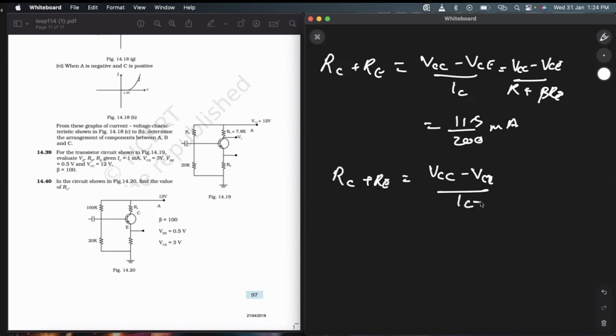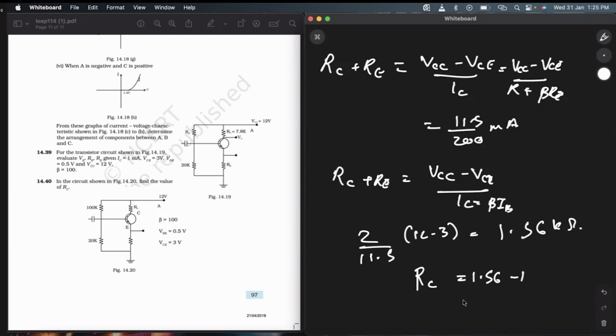IC I can write as beta times IB. So it will be 2 upon 11.5, (12 minus 3) kilo ohm, and it will be nothing but 1.8 divided by 11.5, which is 1.56 kilo ohm. Now finally, RC is equal to 1.56 minus 1, which will be nothing but 0.56 kilo ohm.